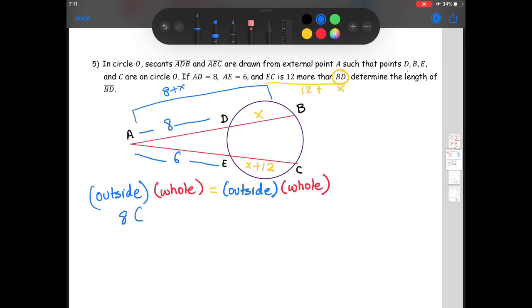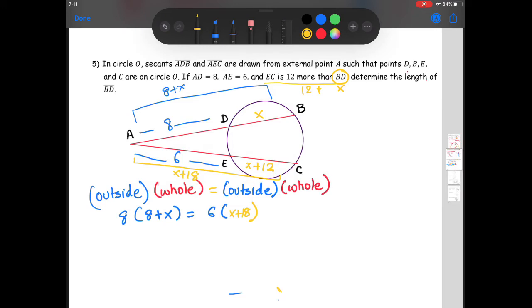So I'm going to write 8 times 8 plus x is equal to outside, what is my outside? 6 times, what is my whole? This whole thing is going to be x plus 6 plus 12, which is x plus 18. It is x plus 18, right?